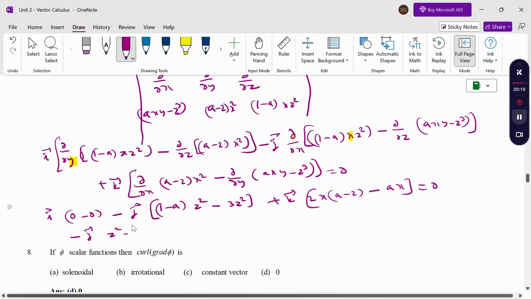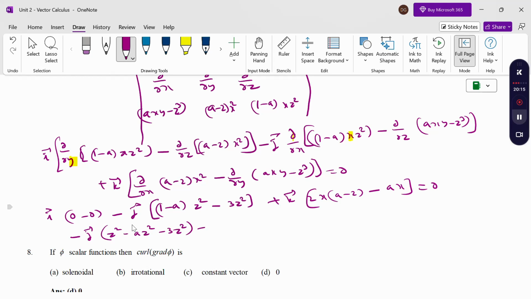So z square minus a z square, minus 3z square plus k vector, 2xa minus 4x.